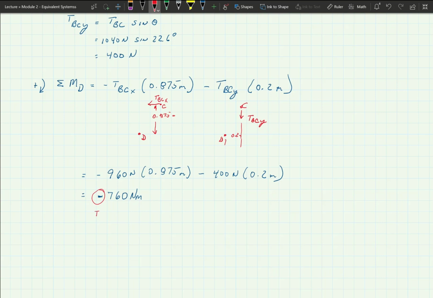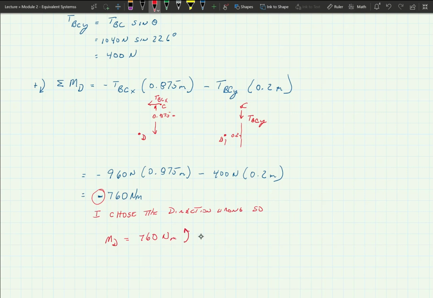Okay, and if you get the negative sign here, so here's the red stuff, this negative sign means I chose the direction wrong. So the moment about D equals 760 newton meters in that direction.